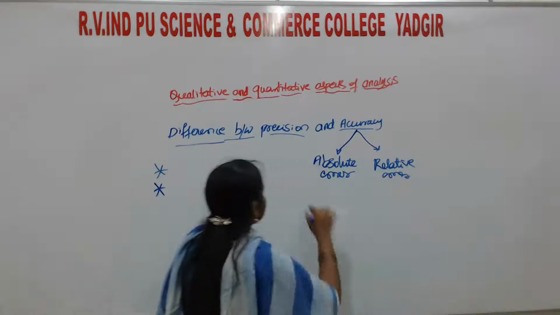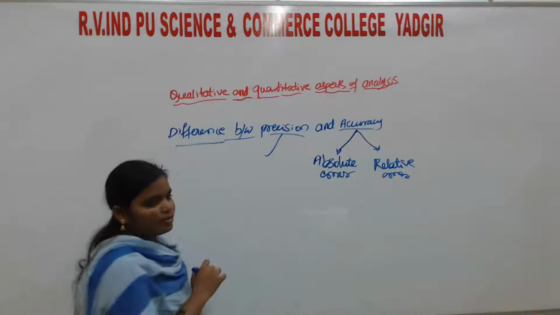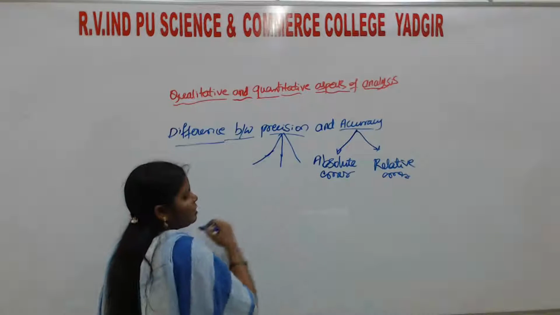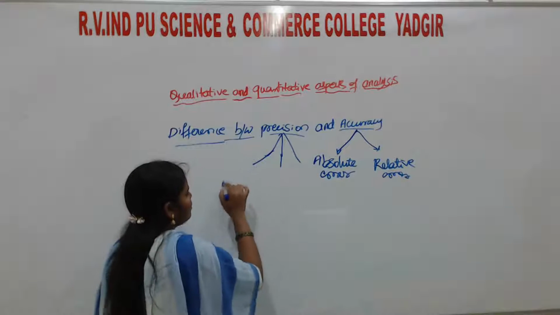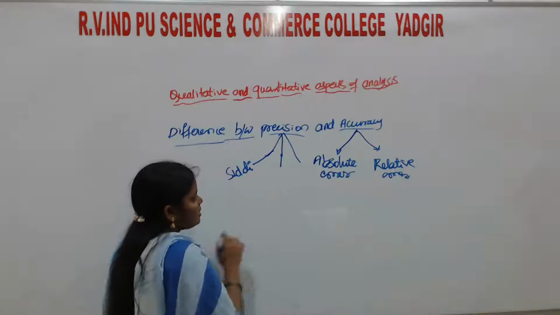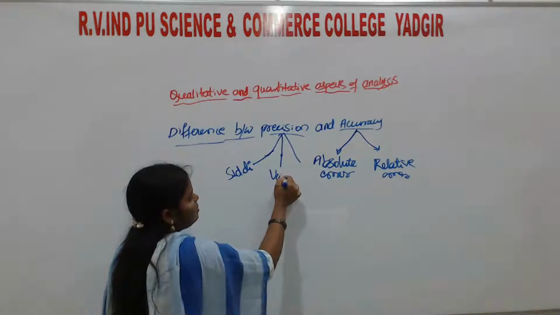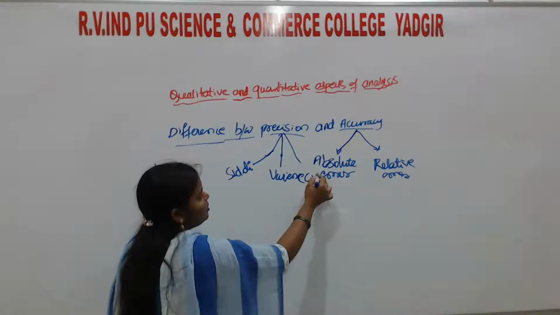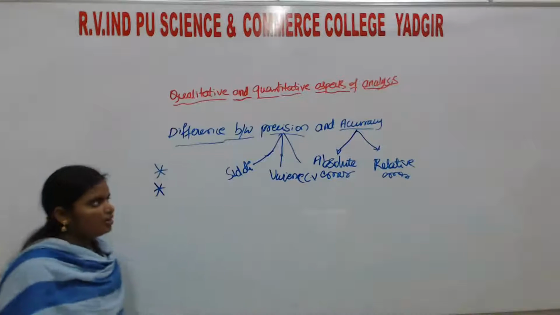Precision is expressed in terms of three types: one is the standard deviation, second is the variance, and third is the coefficient of variation.